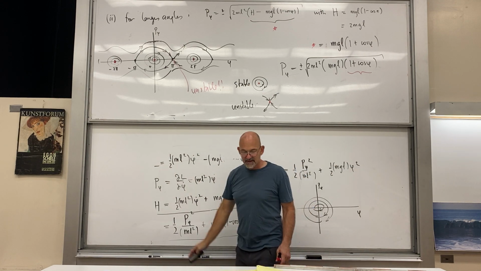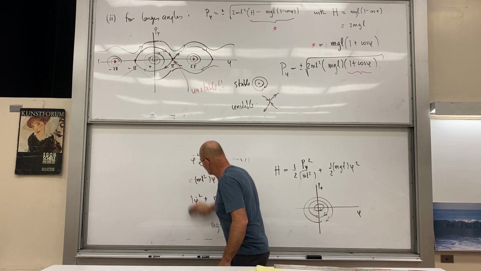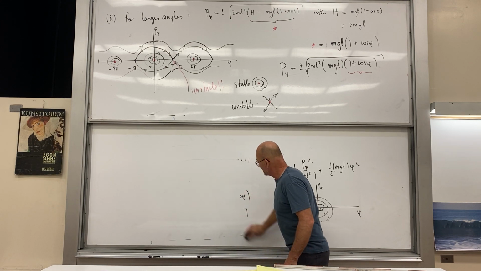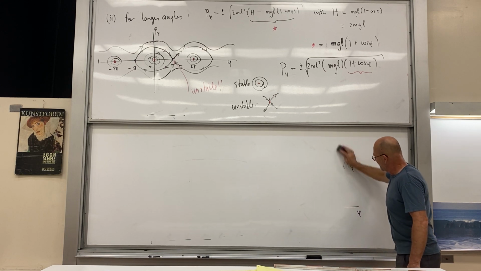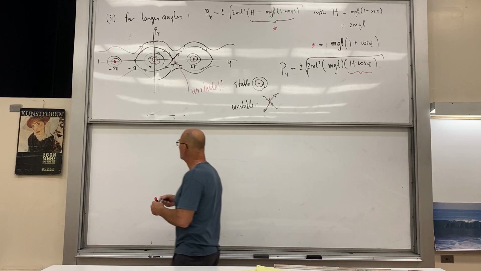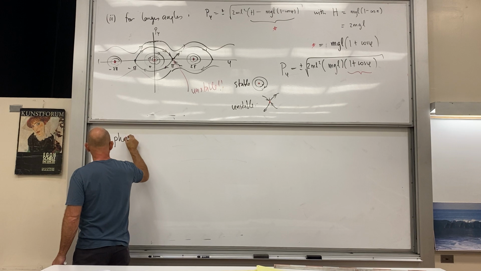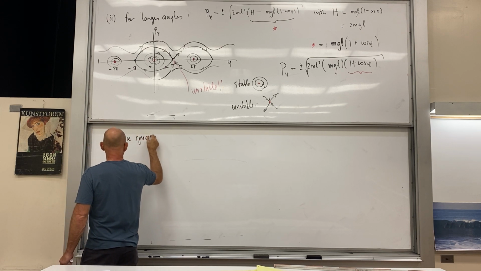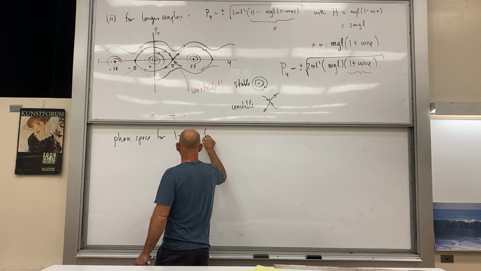I have a bunch of examples here in my notes. Let's do the phase space of a simple one-dimensional free fall. So phase space for one-dimensional free fall.